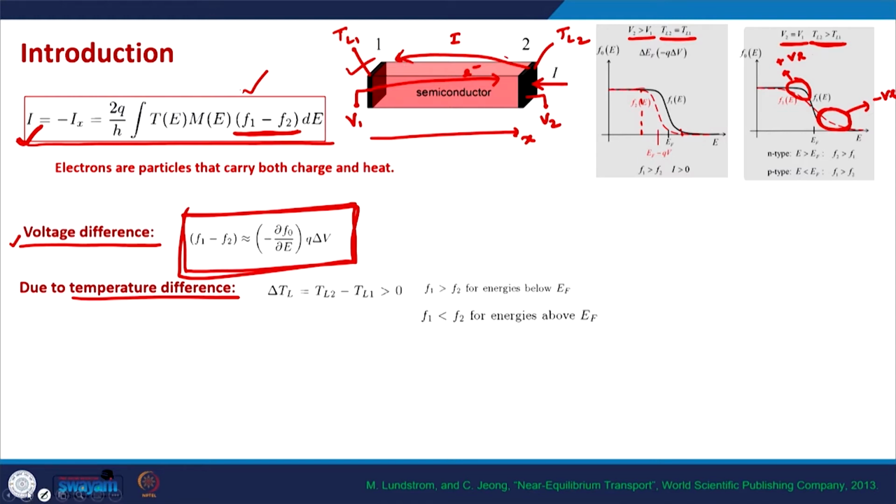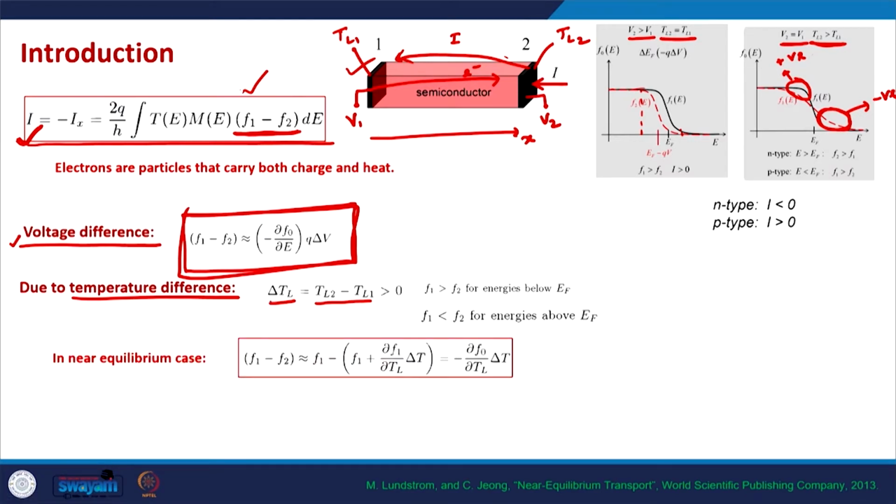So, if there is a temperature difference, which means delta TL, which is TL2 minus TL1, the difference of temperature of contact 2 and contact 1, if this is greater than 0, in that case in a near equilibrium situation, near equilibrium means that this delta TL is not very large, it is still a very small difference, but contact 2 is now hotter than contact 1, though not too hot, the temperatures are almost equal.